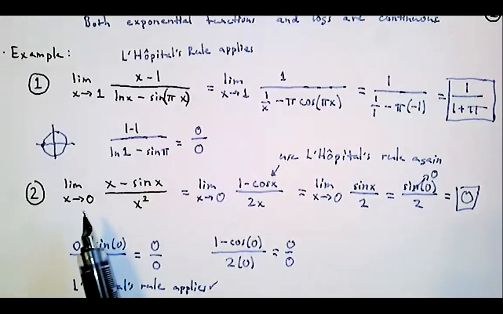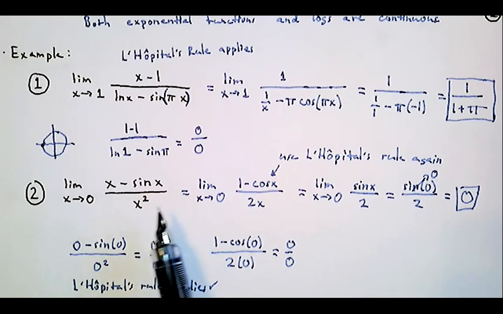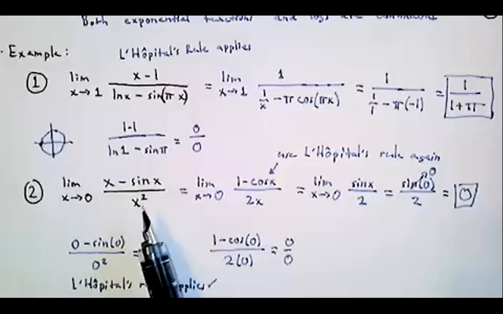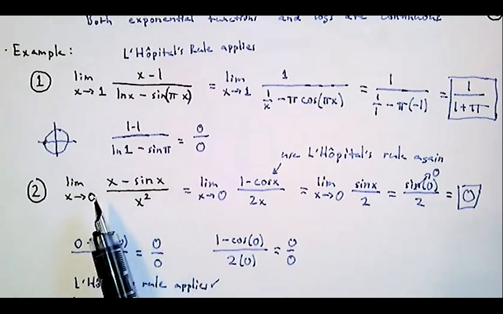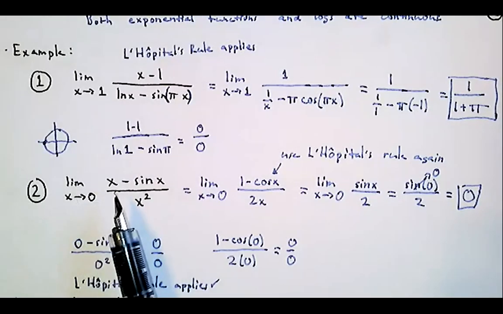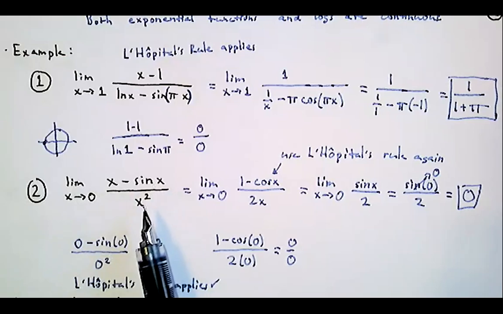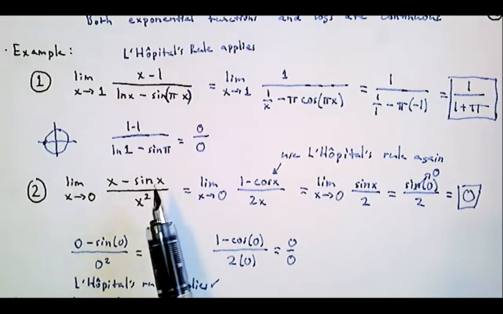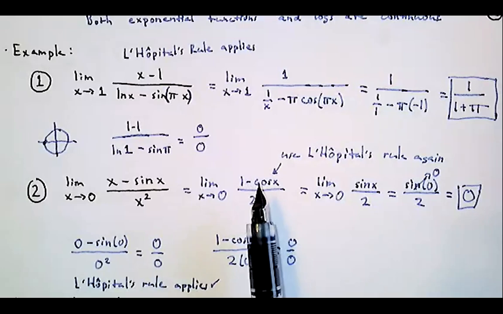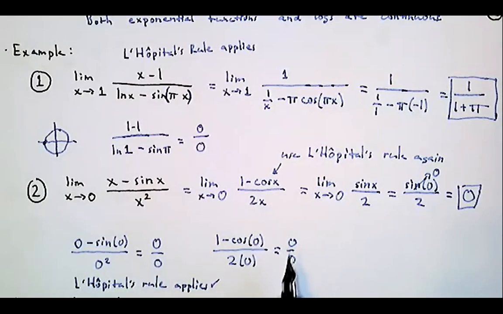And I should remind you that sometimes you might need to use L'Hopital's rule twice. So that's what we had to do in this example here. We started with this limit as x goes to 0 of x minus sine x over x squared. And when we took one derivative of the top and the bottom, we still had a 0 over 0 indeterminate form.